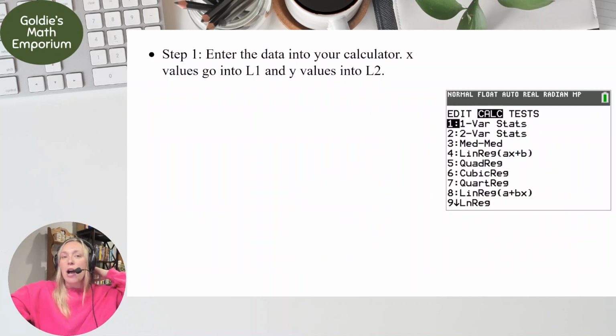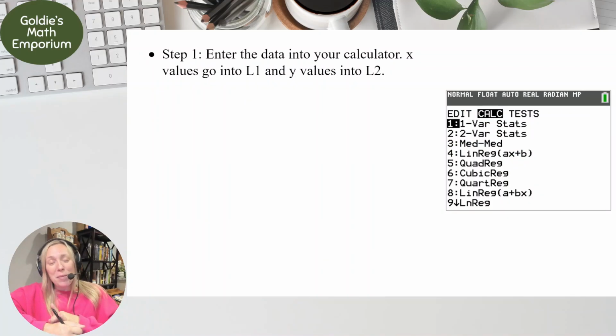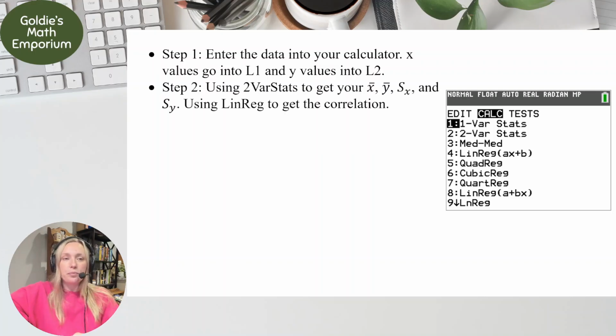Okay. Now, to go through this on your calculator, because if you need to find the correlation on your calculator, you're also going to be able to use these steps to find the least squares regression line on your calculator too. You want to first enter your data into your calculator. The x values are going to go into L1 and the y values into L2. We've done that before.